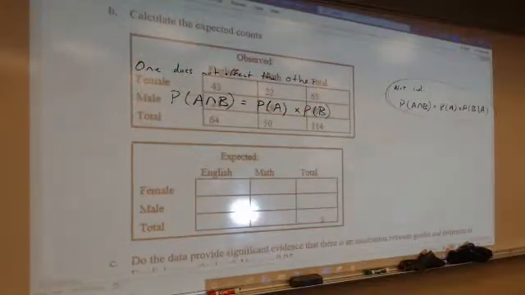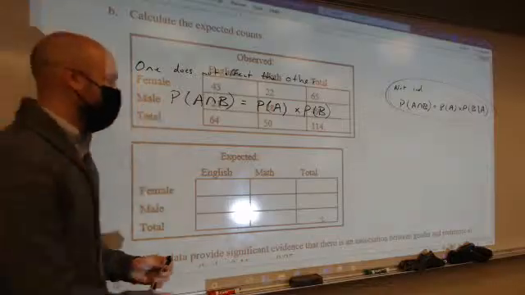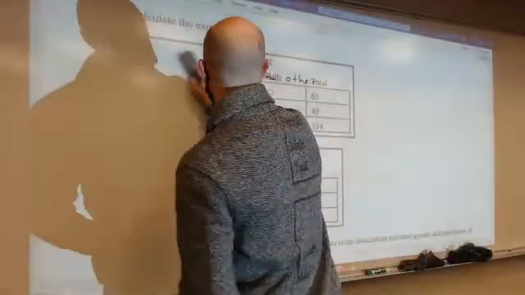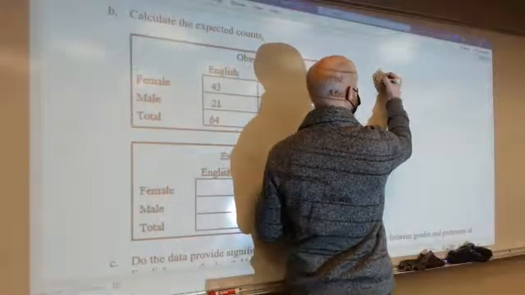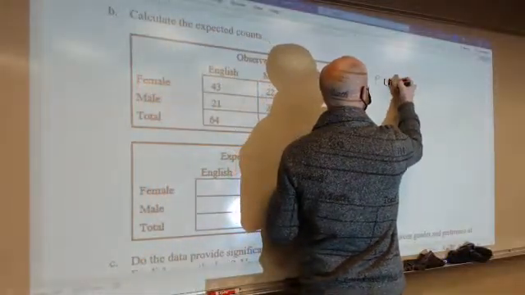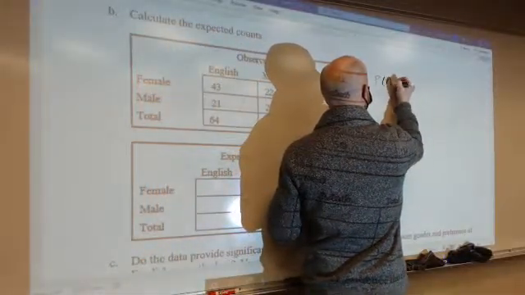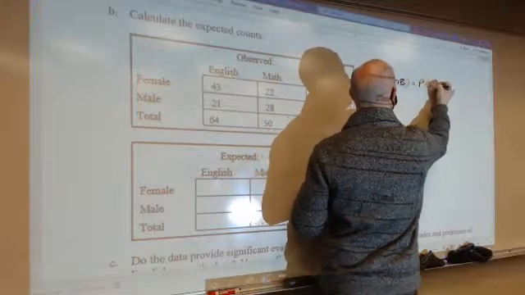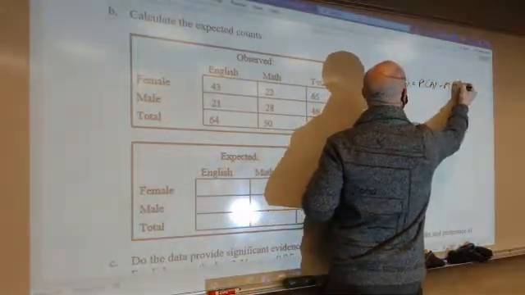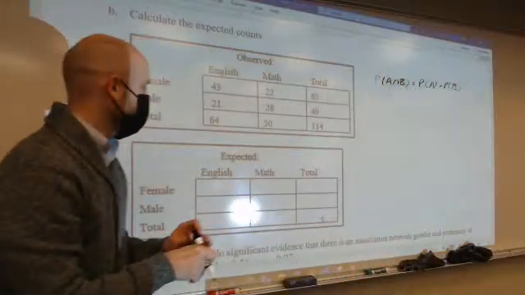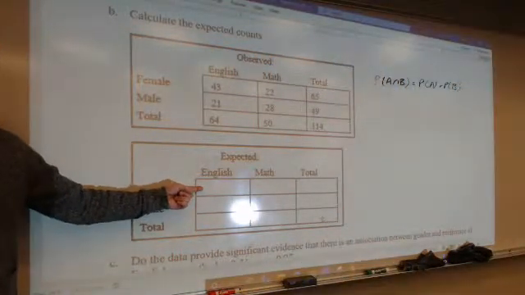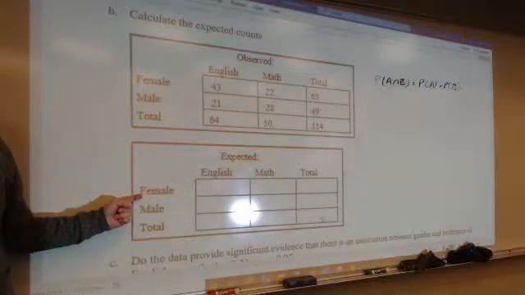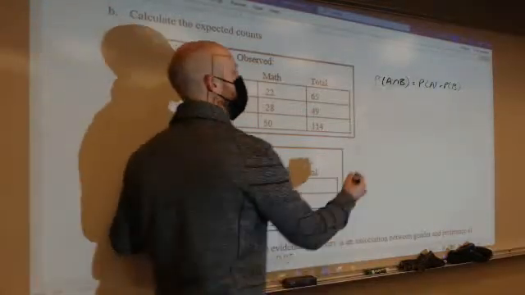If it was perfectly independent, then this would be true: the probability of A and B would be equal to the probability of A times the probability of B. So for us, finding this value here, we have to figure out what would go there if perfectly independent.